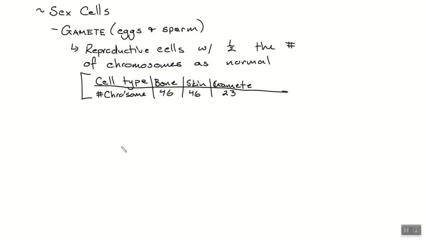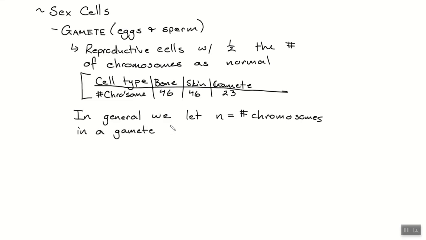In general, to avoid the confusion about 23 pairs or 23 chromosomes, we let n equal the number of chromosomes in a gamete.